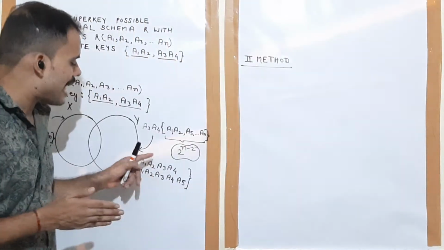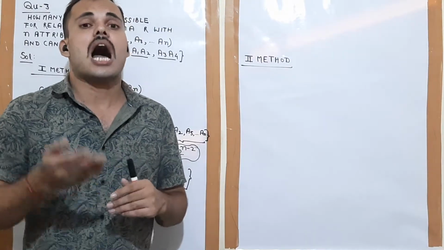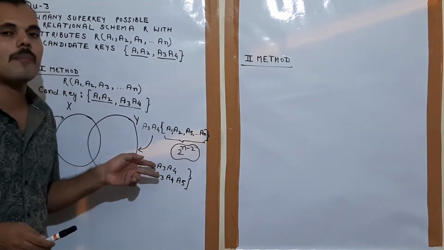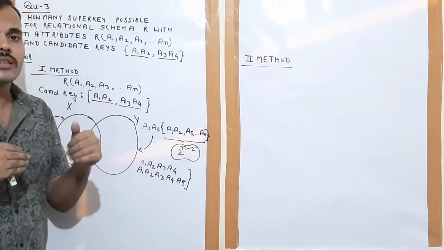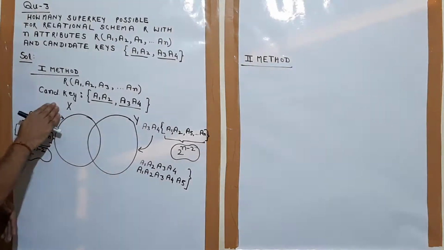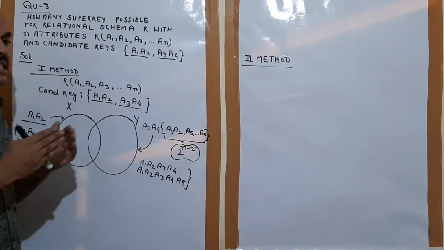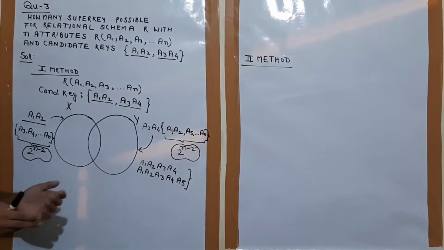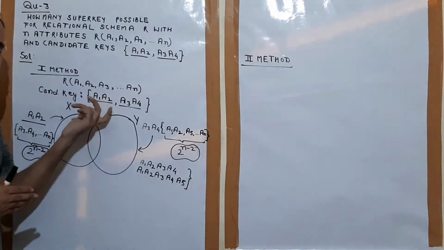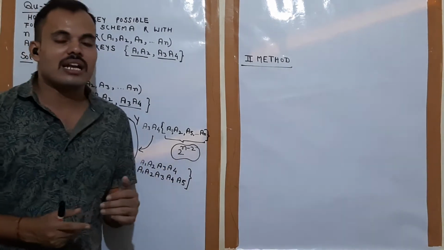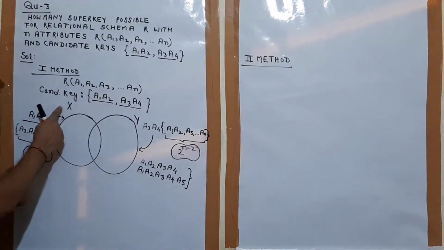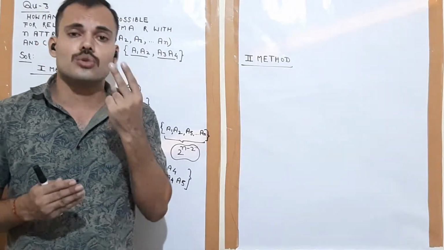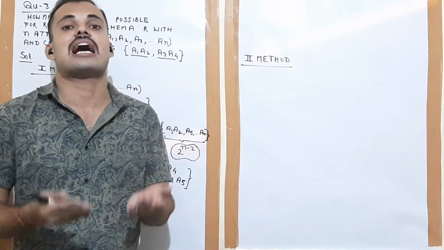I have shown only two examples, but there are more super keys possible which belong to both the set X and the set Y. So when we find the number of super keys possible because of these two candidate keys and add the two counts, the super keys which belong to both X and Y are counted twice.